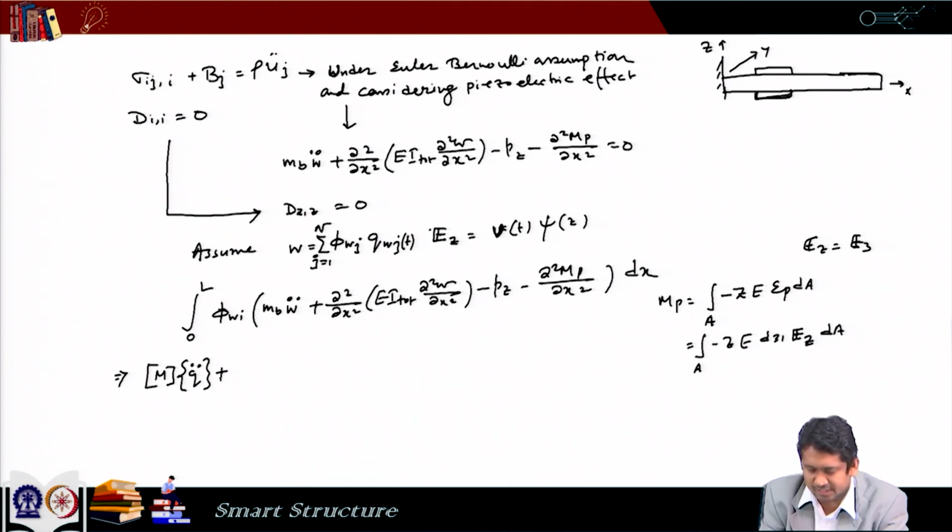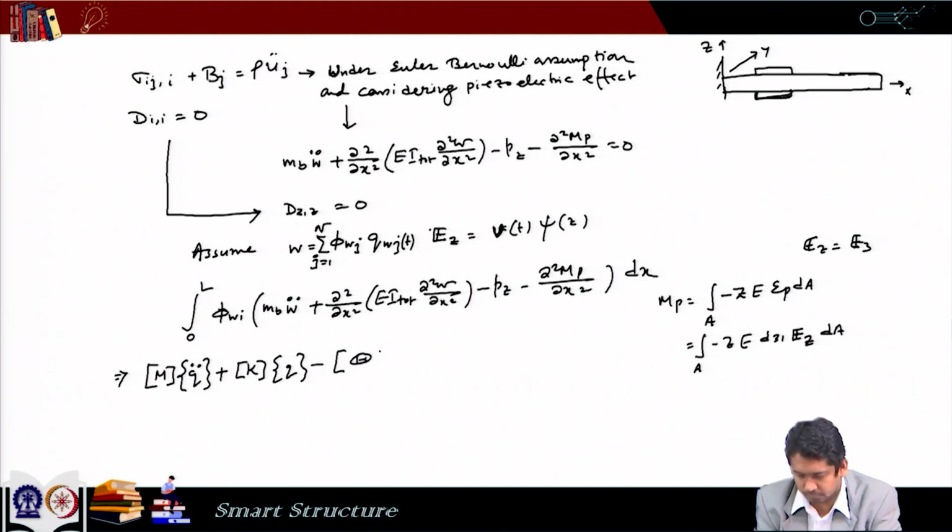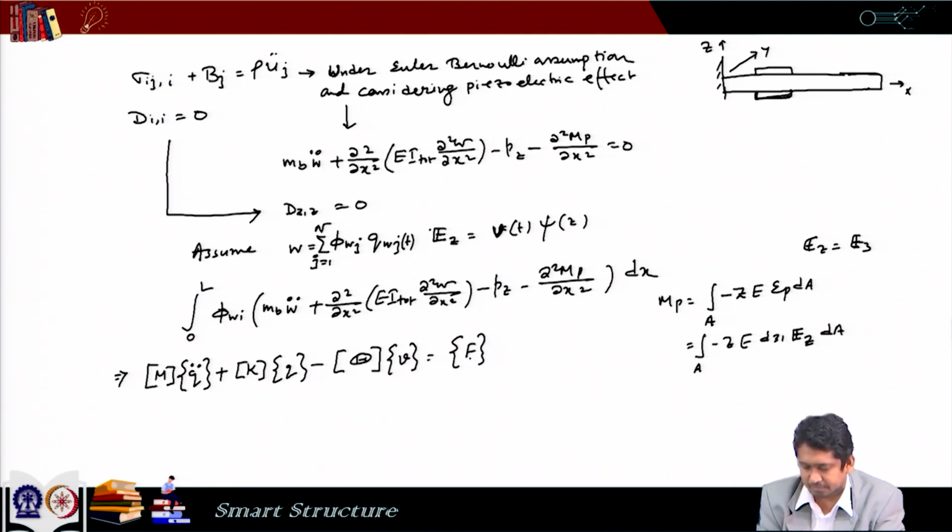We have already seen how to derive the set of ordinary differential equations from this kind of equations. It needs some shifting of derivatives also, which we have to do, and finally, if we do all these things, these equations come, is equal to F say.